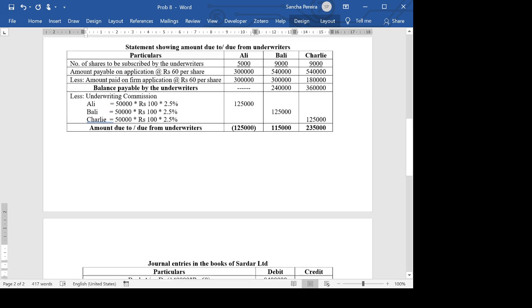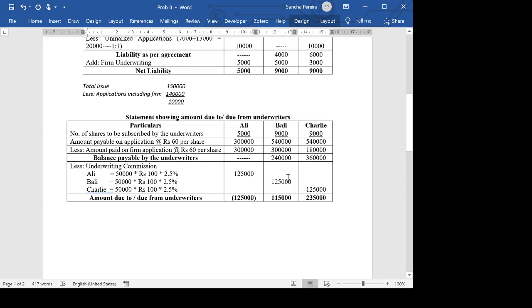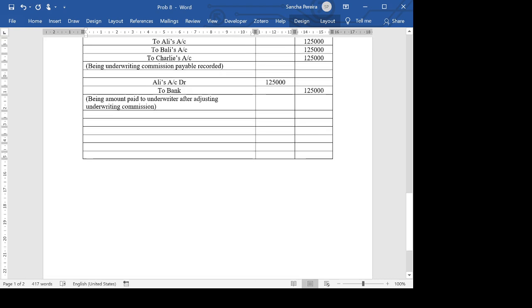Okay, and in case of the other two, the company is going to receive money. The underwriters will have to pay the company after adjusting the underwriters commission. So it's going to be bank account debit, money is coming in, bank account debit to Bali's account and to Charlie's account.